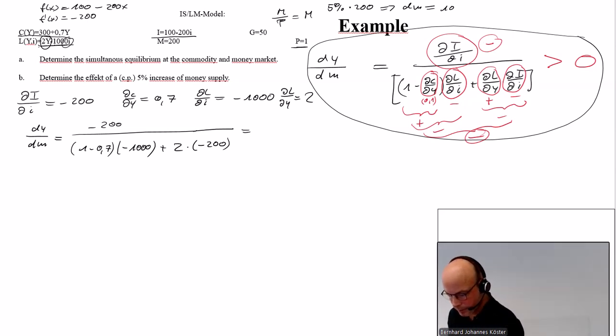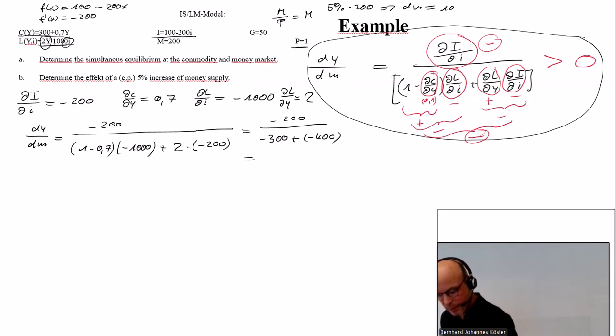So overall we obtain minus 200 divided by minus 0.3 times 1000, which is minus 300, plus minus 400, and this ends up then as minus 200 over minus 700.